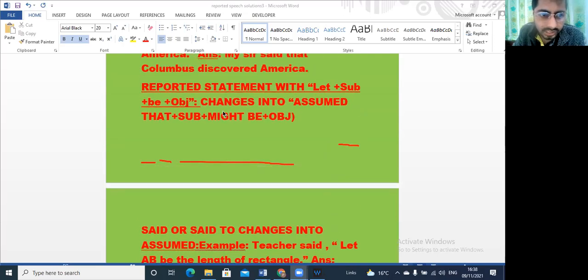Let plus subject plus be plus object changes into, let it be changed into assumed or supposed. After writing assumed, be is changed into might be.